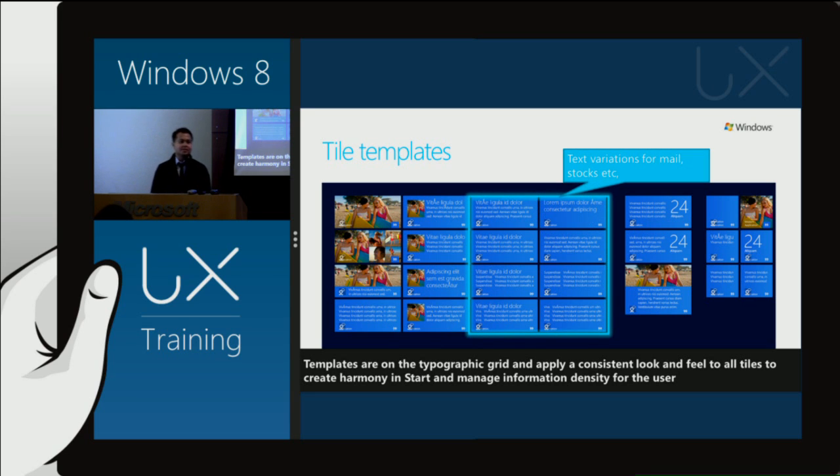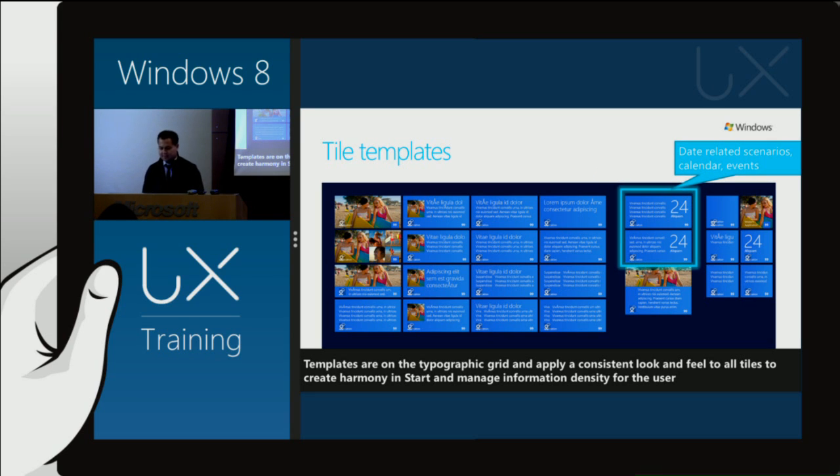And of course, this is very common. A lot of the content that you're going to be delivering with your app may in fact be text. So we have a lot of typography tile templates available for you in a number of ways that you want to emphasize headlines, show more copy, etc. And calendar or date related tiles, we have that if that's your app's need.